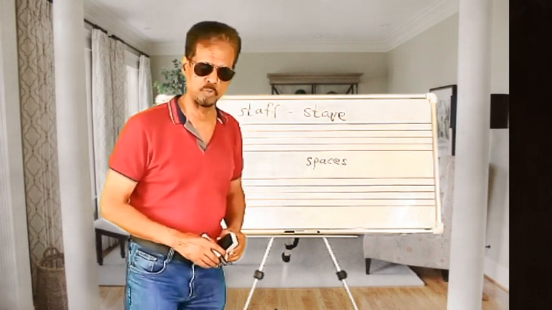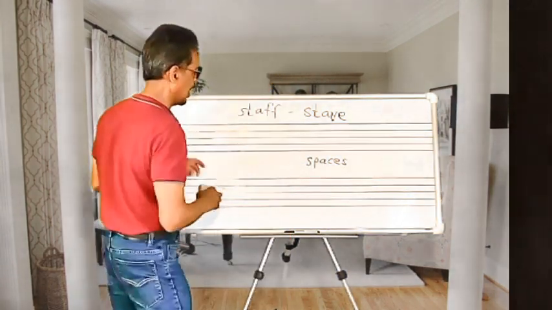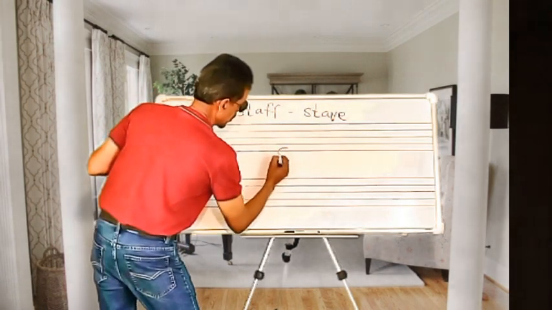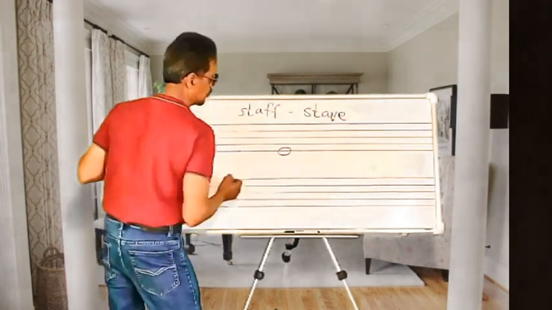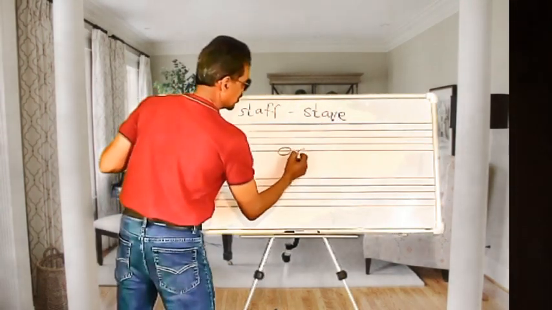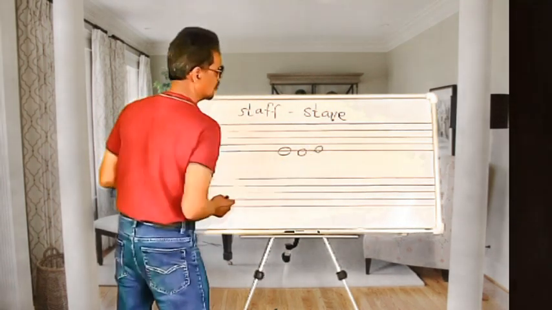When you write a note on a line, the line must cross the note right in the middle, like this. You don't write a note which you are supposed to write on the line like this or like this.